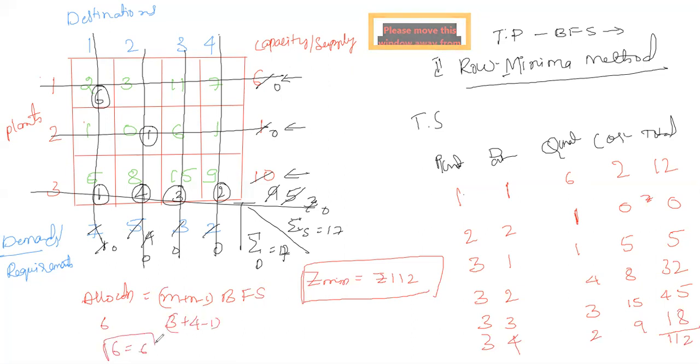Whenever the number of allocations is equal to m plus n minus 1, this is called a non-degenerate basic feasible solution.